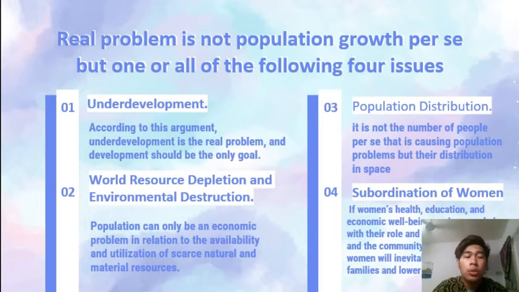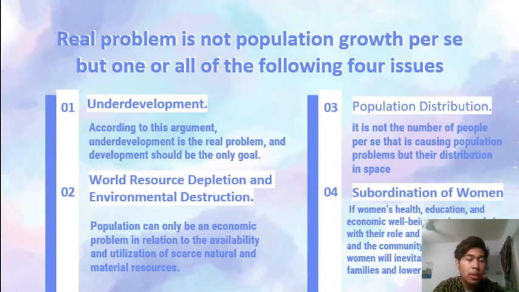So I want to go through the first point, underdevelopment. If correct strategies are pursued and lead to higher levels of living, greater self-esteem, and expanded freedom, population will take care of itself. Eventually, it will disappear as a problem as it has in all of the present economically advanced nations.